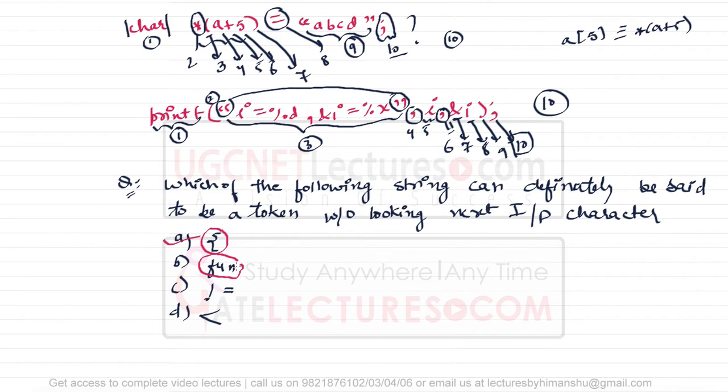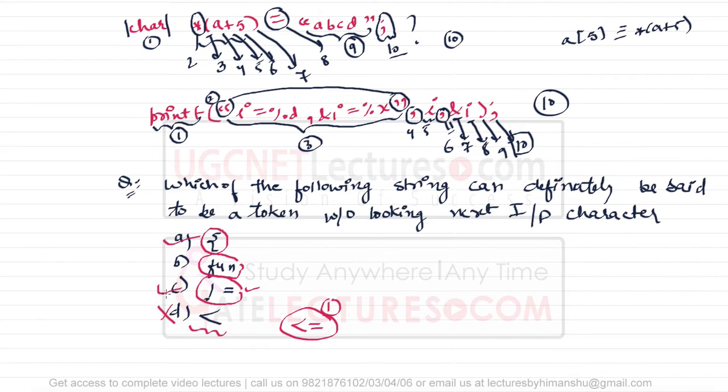It may be inside some inverted commas or something, so we cannot say by looking at it whether it is a token or not. But for C, this complete not-equal-to sign can be said to be a token, whereas this cannot be said to be a token just by looking at this. Why? Because it can be something like less than or equal to. This complete thing will be considered one single token, right? So just by looking at the symbol you cannot say whether it is a token or not.